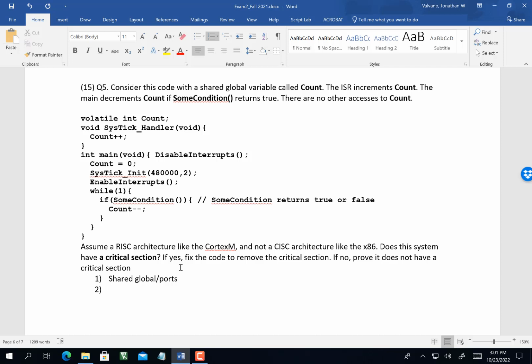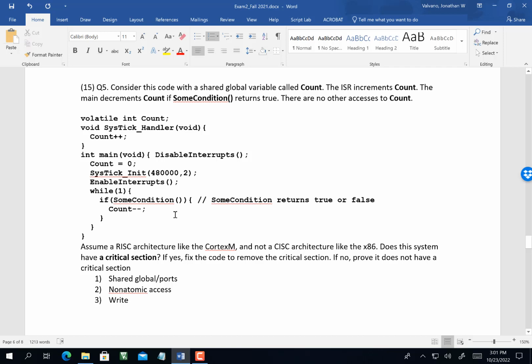We need non-atomic access. And we need a write. One of the operations is a write. Those are necessary conditions. They're not necessarily sufficient, but they're things for us to make sure we think about.